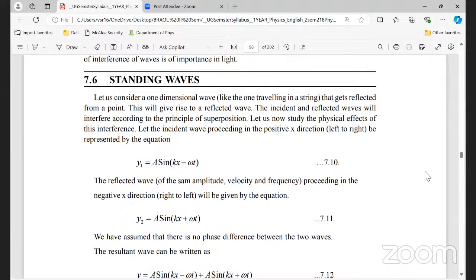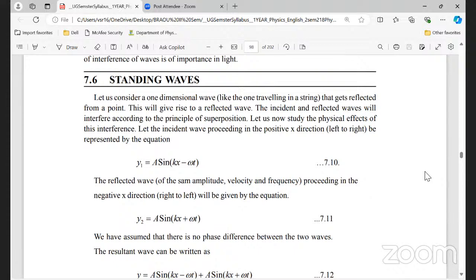For this case, let the incident wave proceed in the positive x direction. Then the displacement of the wave is represented here as y1 equals a sin(kx minus omega t).